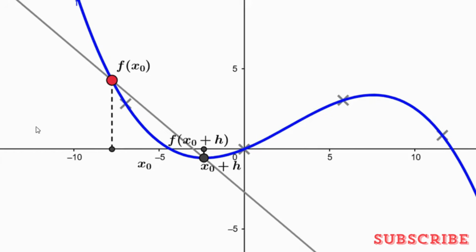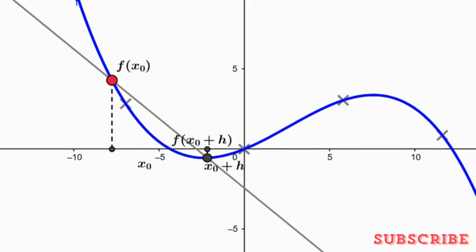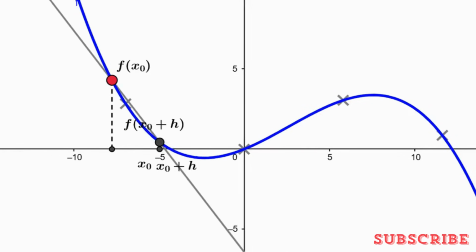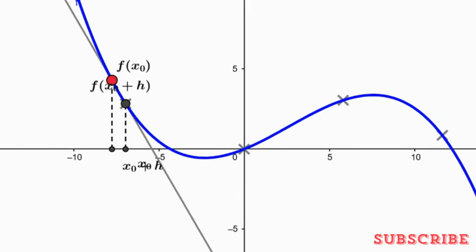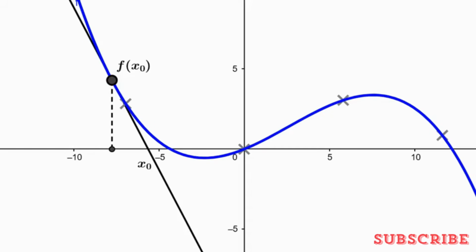When the point represented by the red dot and the black dot are 2 different points, they are basically a chord, and let us bring them closer, and the moment these 2 points merge with each other, this is the condition where it becomes the tangent. So the derivative is the idea that is basically converting a chord into a tangent.